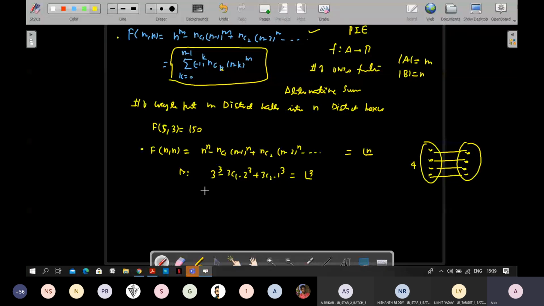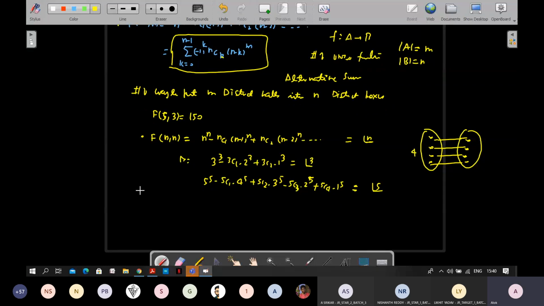If I take 5 to the power 5 minus 5 choose 1 times 4 to the power 5, plus 5 choose 2 times 3 to the power 5, minus 5 choose 3 times 2 to the power 5, plus 5 choose 4 times 1 to the power 5, you should get 5 factorial. The left side calculates the number of onto functions from a set having 5 elements to a set having 5 elements, and the right side is just the number of one-one functions, or bijections, that is 5 factorial.